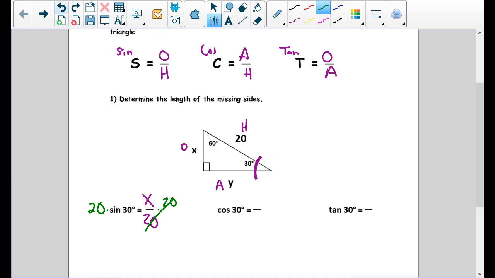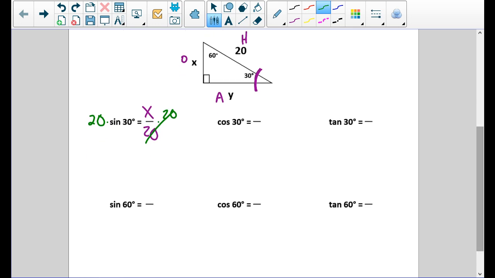I don't know why it jumps on me. So I get 10 when I plug that in. That means this side length is 10.